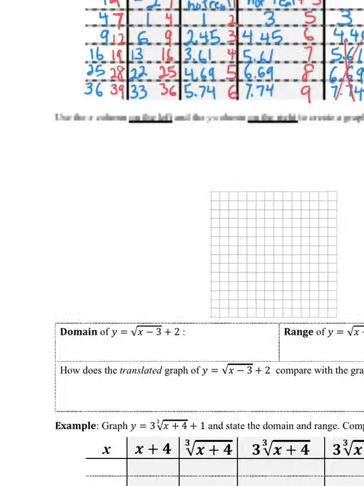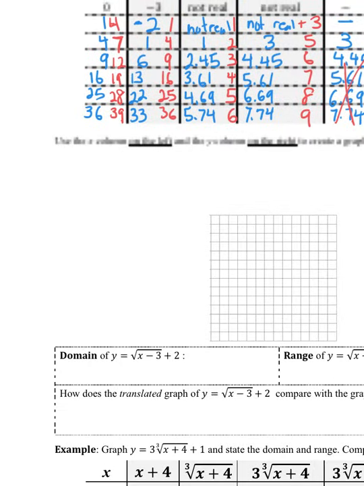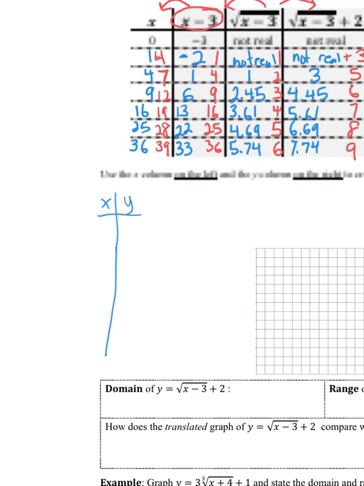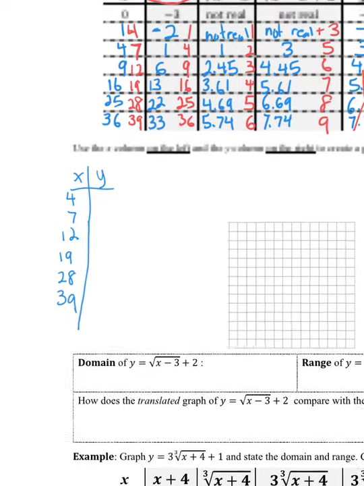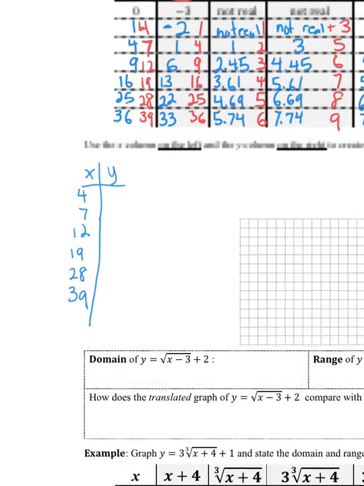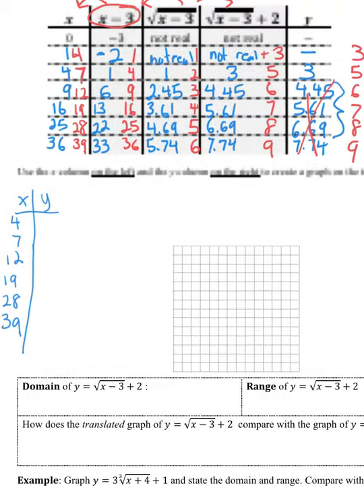We're going to go ahead and write down the table here. So we started with the x values of 4, 7, 12, 19, 28, and 39. Instead of the 1, 4, 9, 16, 25, 36, we start with these ones instead.